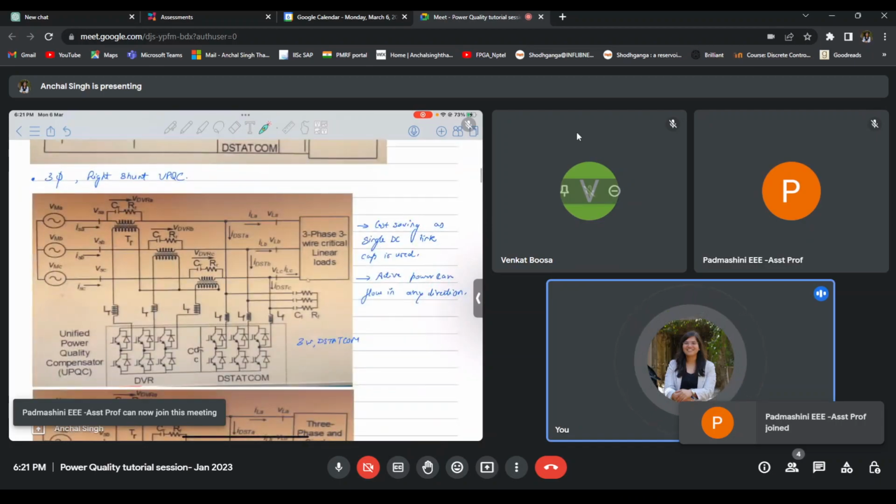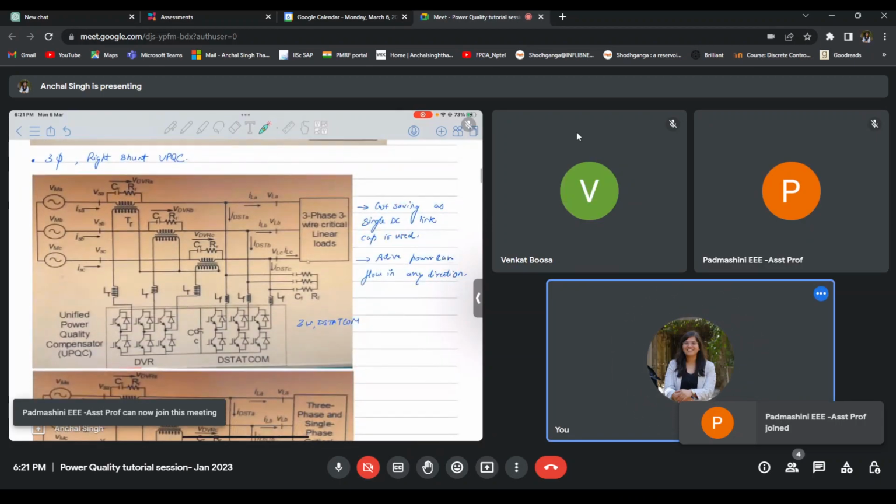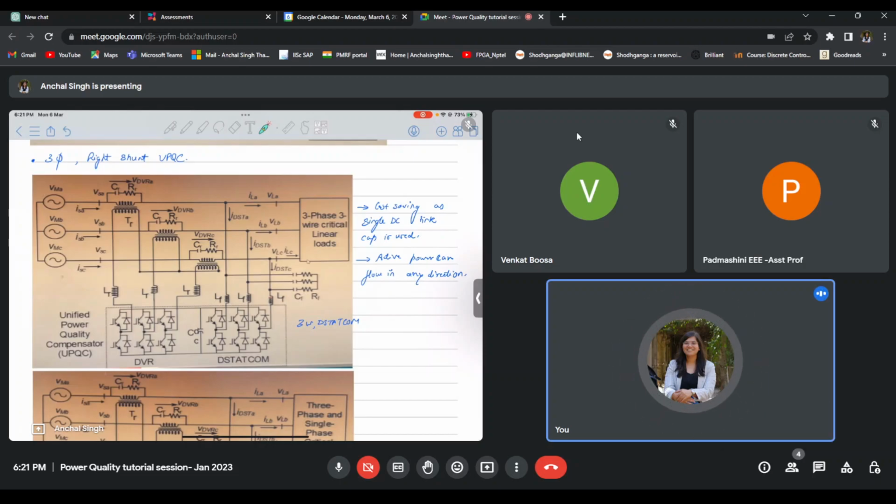Now, this is an example of a three-phase right shunt UPQC. In a three-phase right shunt UPQC, the voltage source converter could be either a three-leg converter or a four-leg converter. So it depends on our application, whether you are attempting neutral current compensation or not.